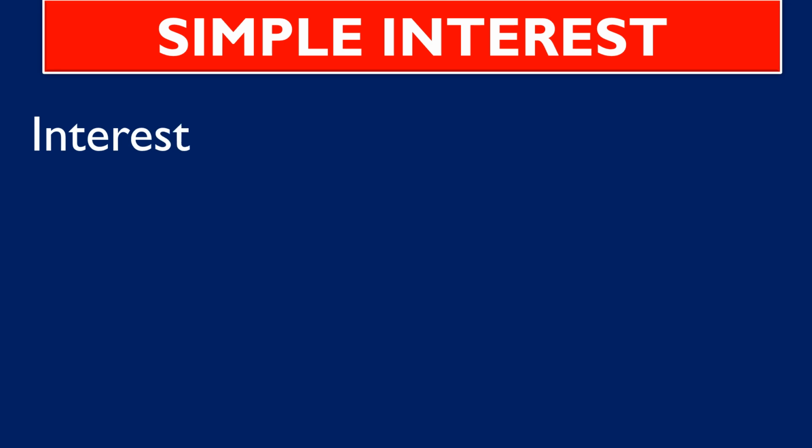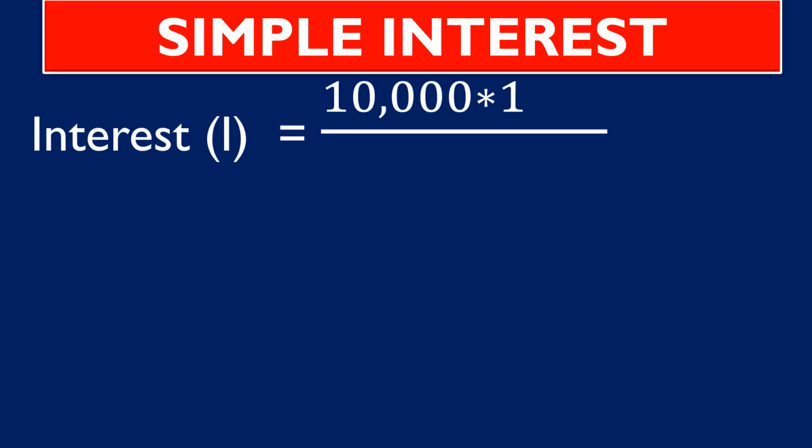So like we said, the interest is the principal times the rate times the time. The principal is 10,000 US dollars. The rate is 10%, so we put 10, and then the time is 2 years. This 100 here accounts for the percentage.